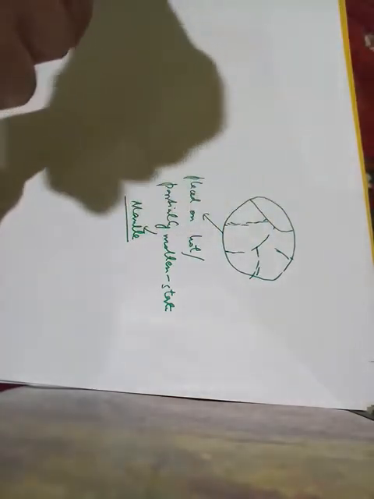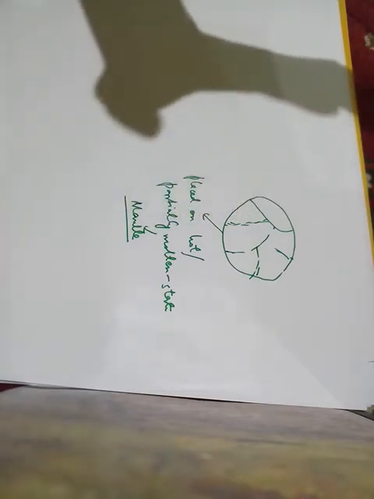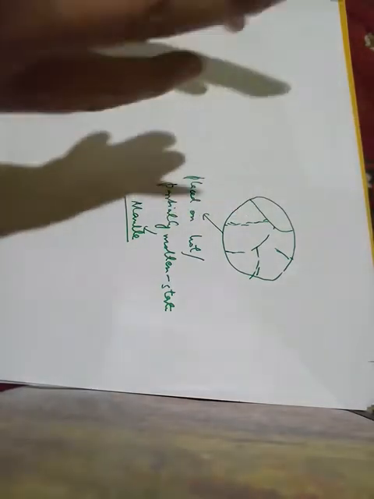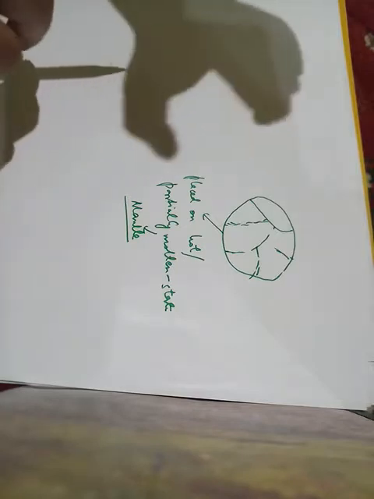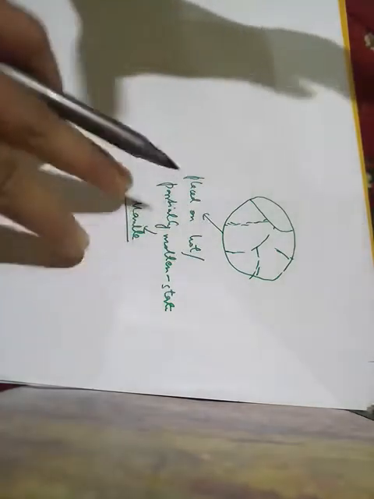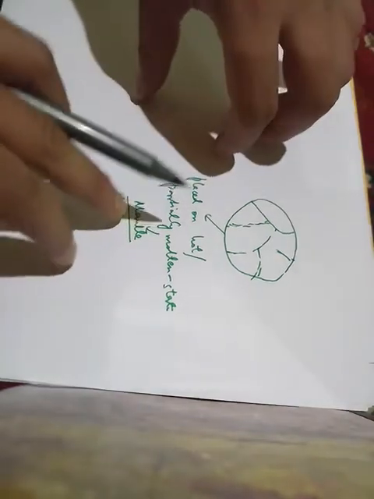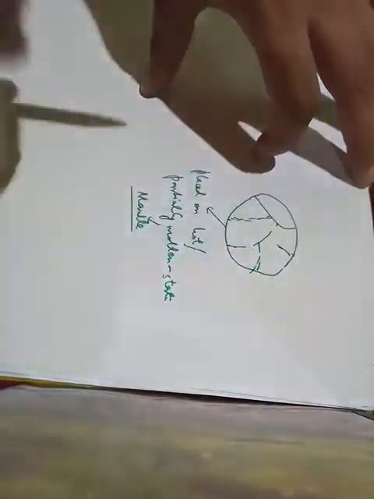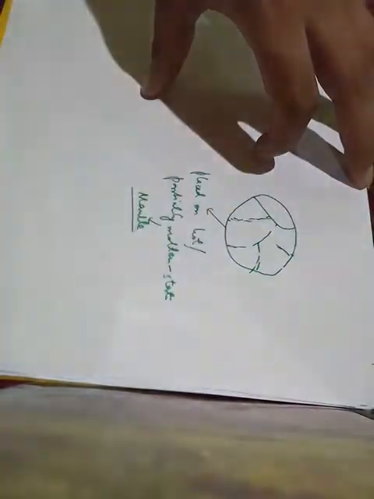So the earth is actually consisting of giant puzzle pieces, not one piece. There are about 19 to 20 of these tectonic plates. They are placed on a hot, partially molten state, that is called the mantle. Being the viscous nature of the mantle, they keep on moving, but the movement is not noticed by us.